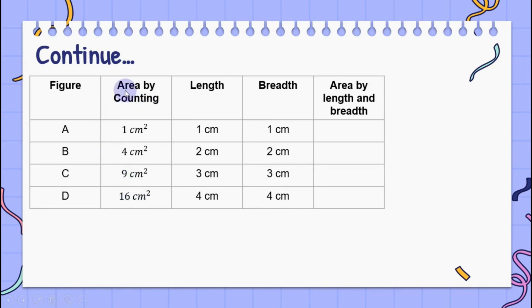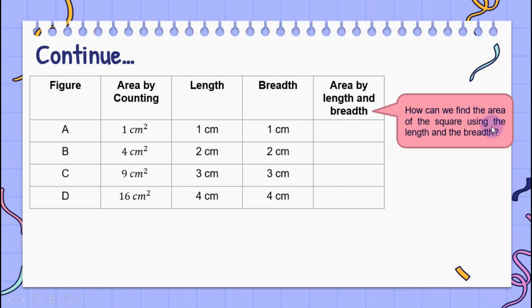That's for area by counting. If the length is 1, breadth is also 1. Length 2, breadth also 2. 3, 3 also. So area by length and breadth: 3 times 3 equals 9.